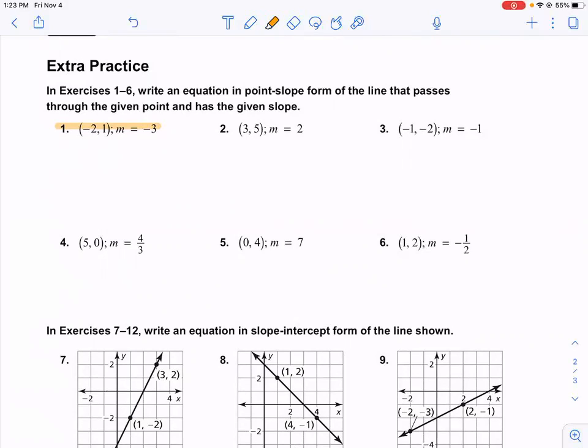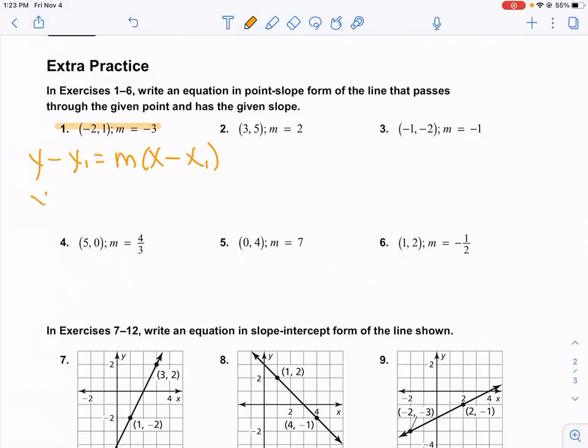Okay. Andrew, what do you have for point slope form? Okay, so what numbers did you plug in? So we got to plug these numbers into that.